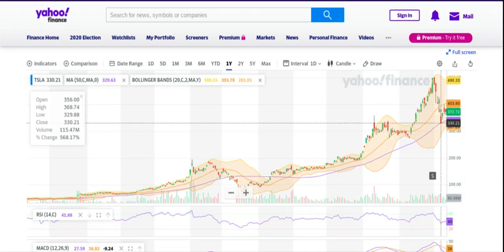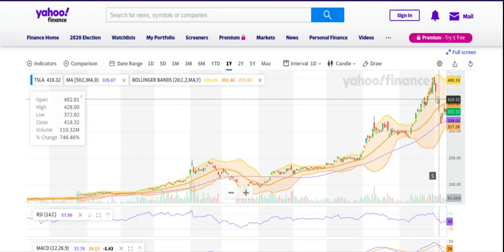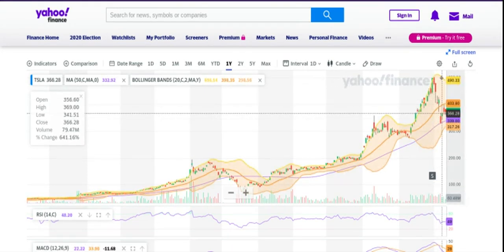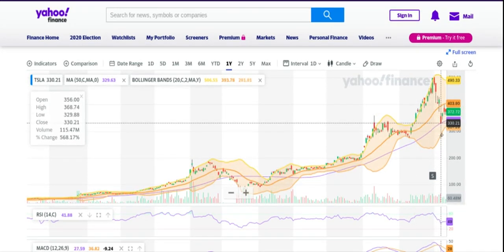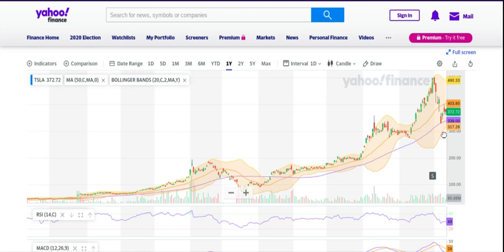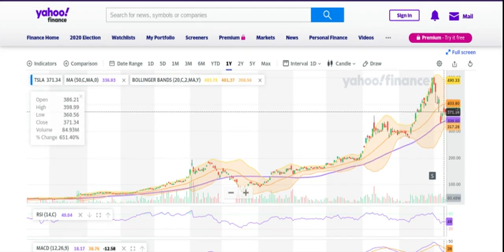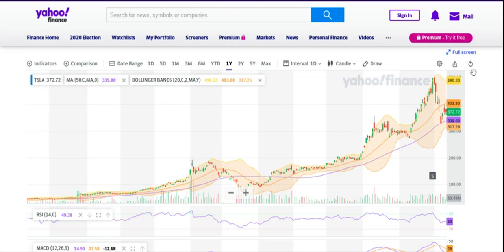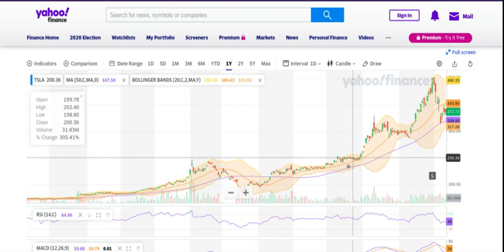You can see the upper Bollinger Band. If they start coming closer together, squeezing the price a little bit, trading sideways, then pushing above that 400, it could look to move higher.